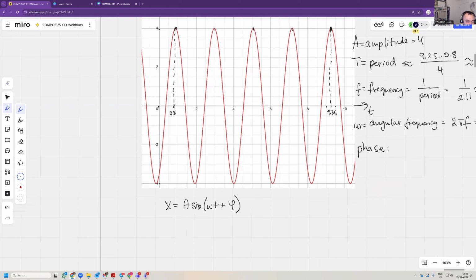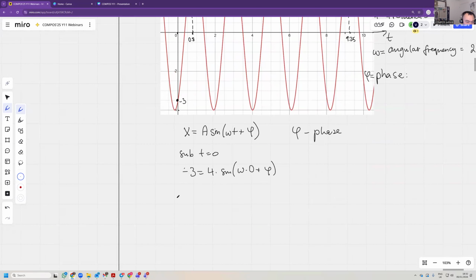And to find phi, phi is the phase, we substitute t equals 0. We know that the amplitude is 4, and x at 0 is -3. -3 is equal to 4 multiplied by sine omega times 0 plus phi.